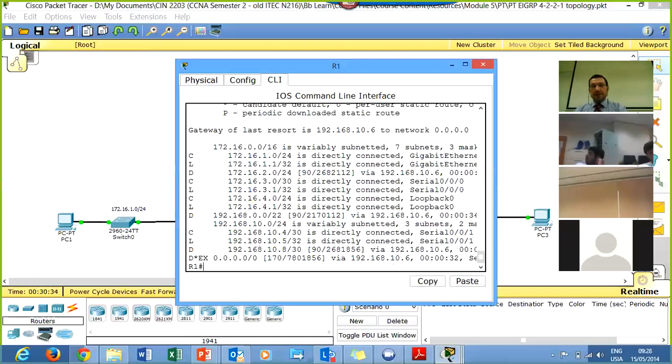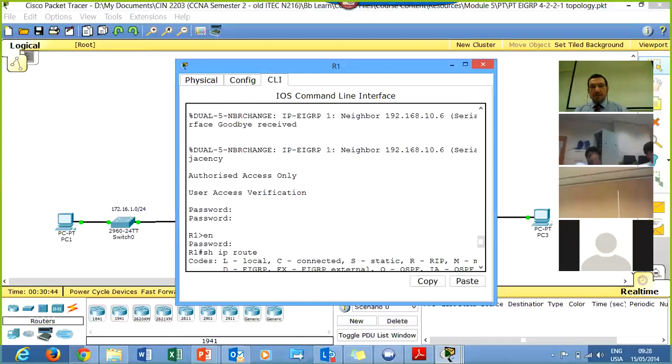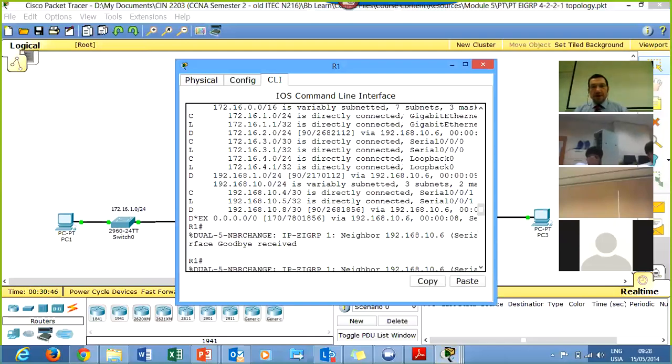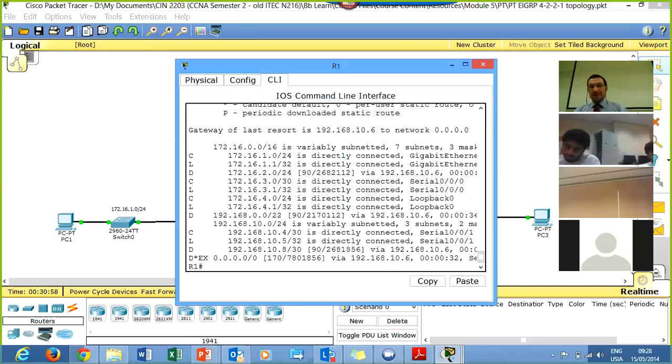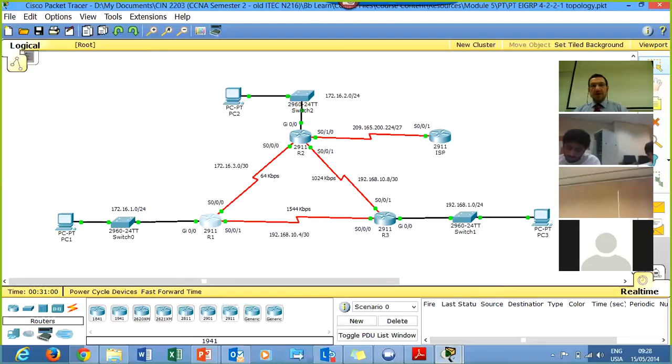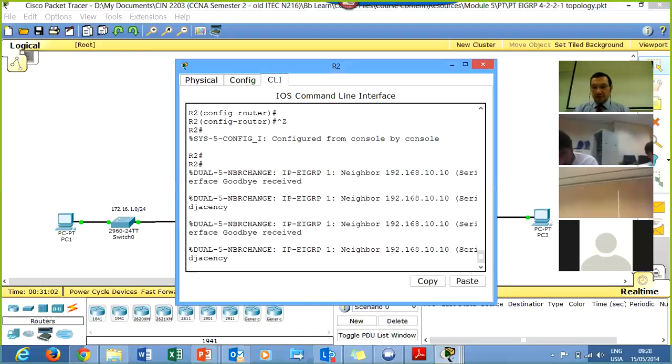Ah, it's disappeared. 1.0 disappeared. Now we have 192.168.0.0/22, so I'm only seeing the summary now. The actual subnet, if I go back up here, should be there somewhere. There, I had 1.0 here. See that? 1.0. Now this is being replaced by the summary route. And similarly, if I go to R2, I will see something similar.